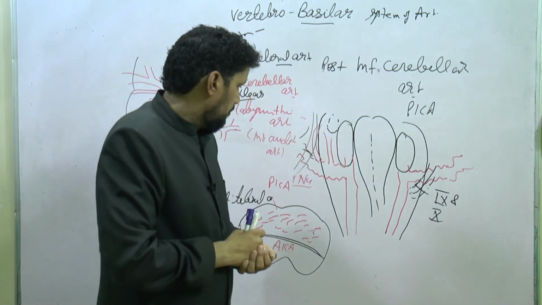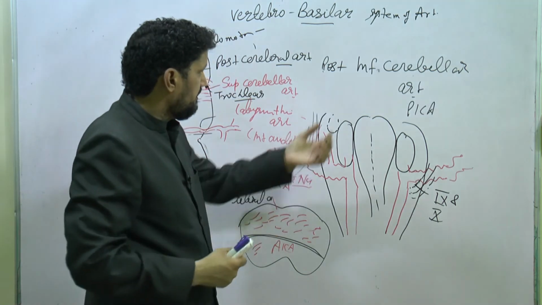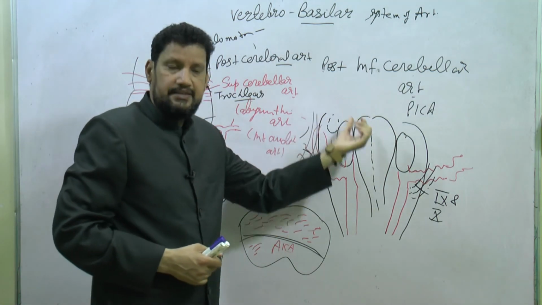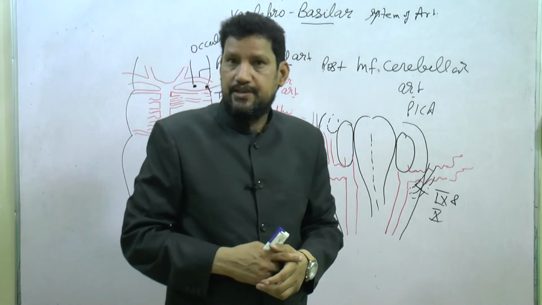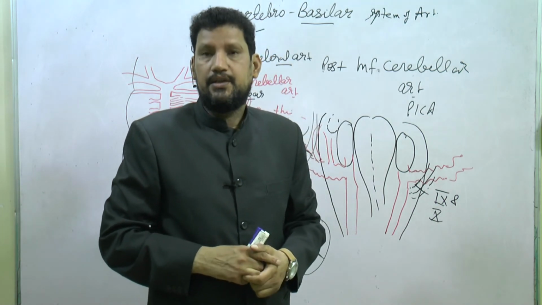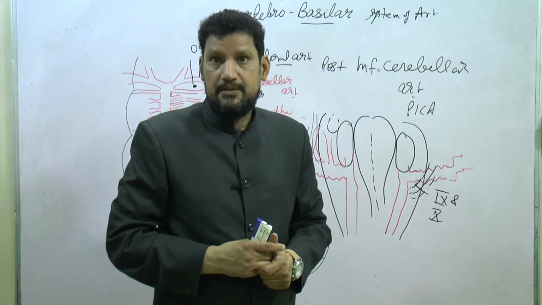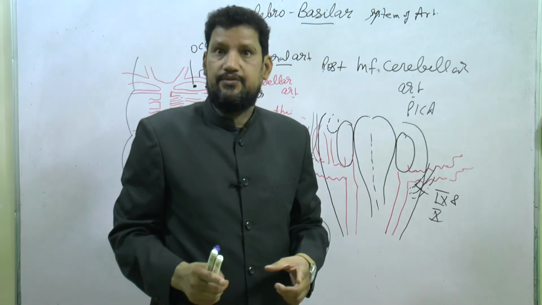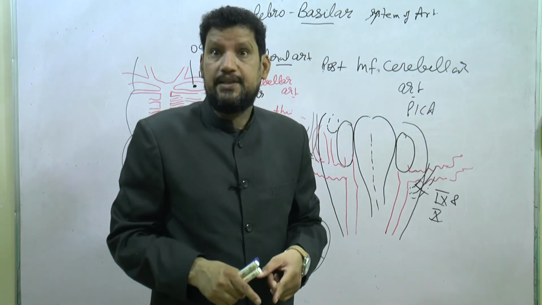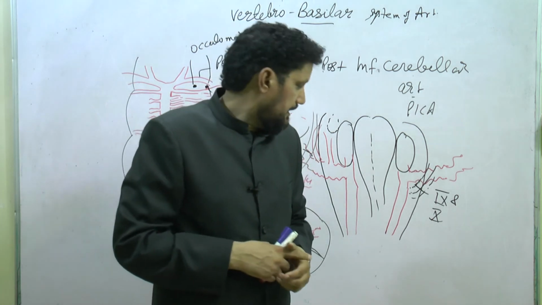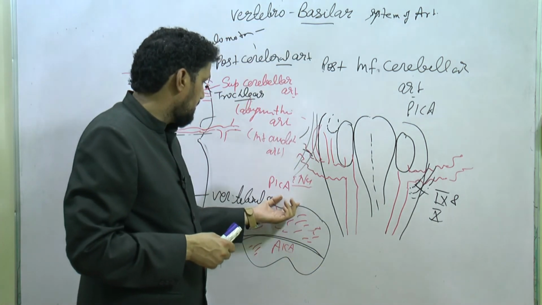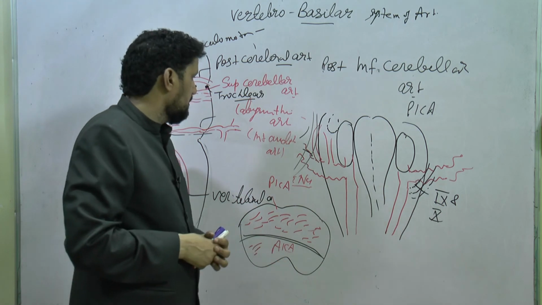Up to now we have seen the posterior inferior cerebellar artery, which is the main artery for almost the posterior half of the inferior surface of the cerebellum. The artery for the anterior half of the inferior surface is the anterior inferior cerebellar artery, AICA.